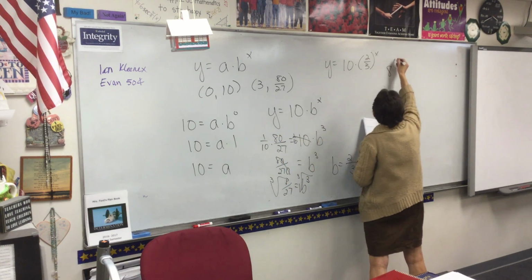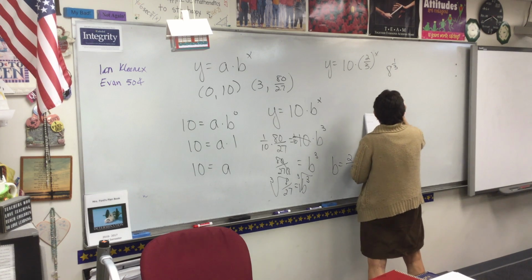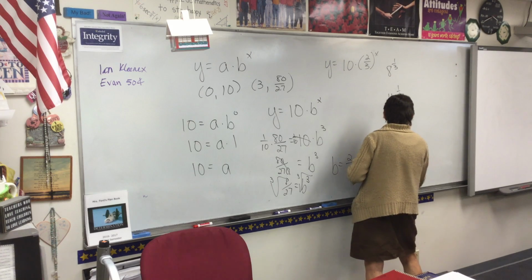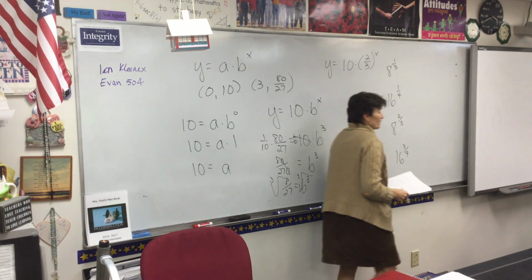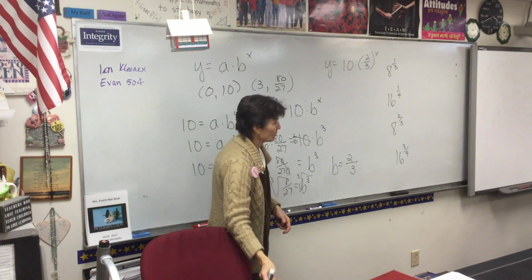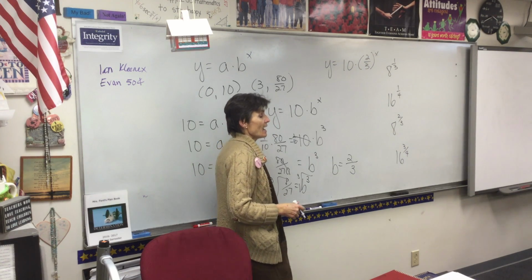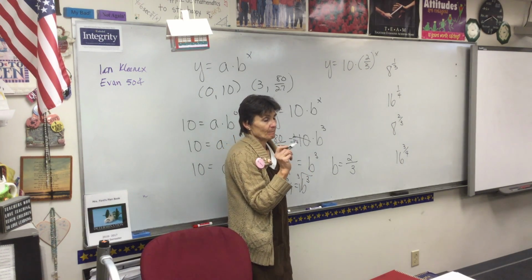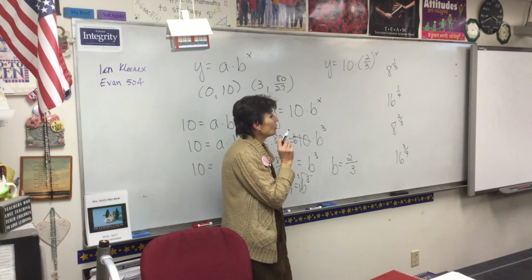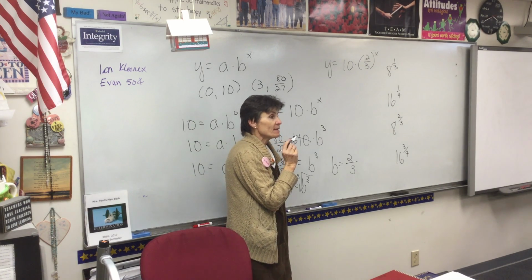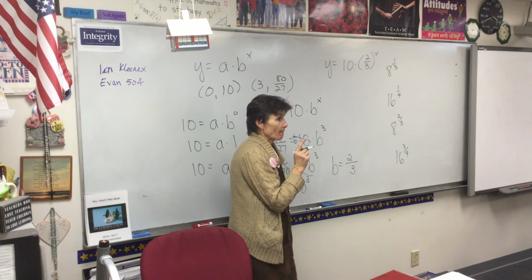All right, now, boys and girls, no calculator. You're going to tell me what these are without a calculator. And you're thinking, what? Now, this is easy. Fractional exponents mean radicals.